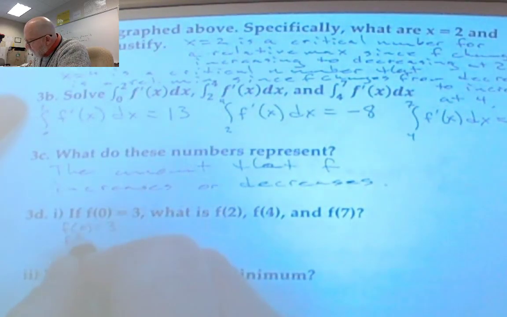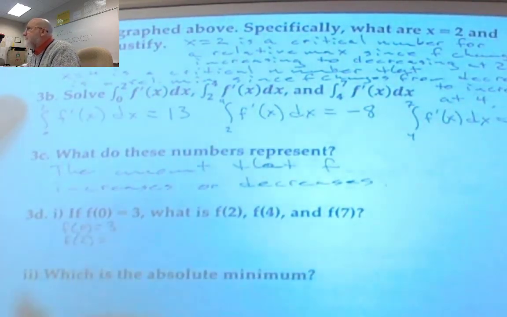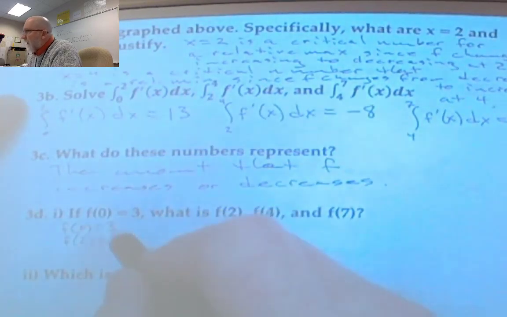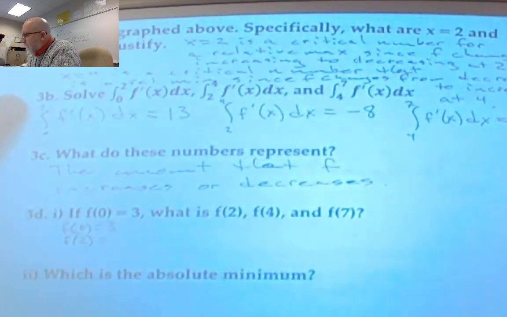So, what's f of 2? F's increasing to 2. It increases by 13, and it starts at 3. More than 10. 16 is correct.